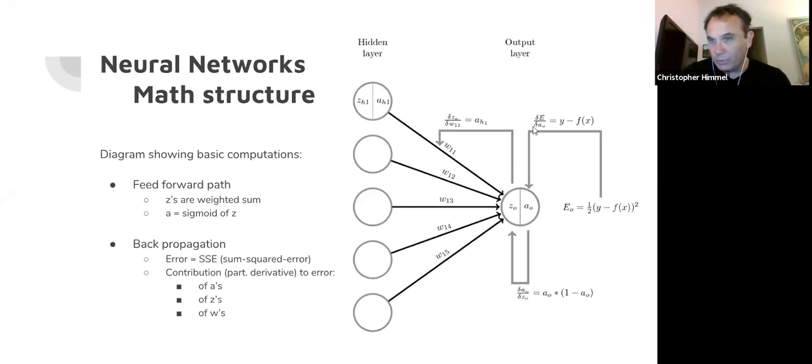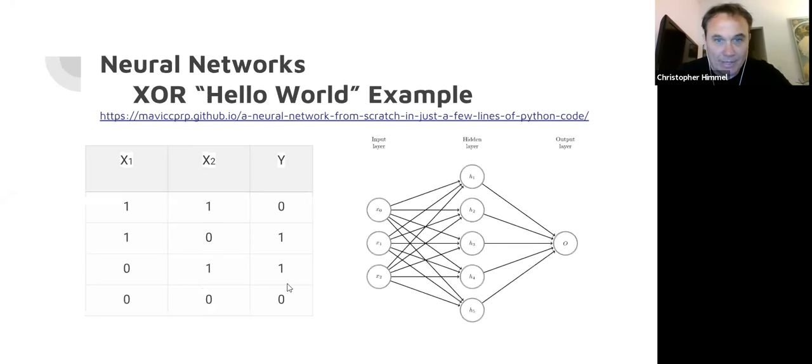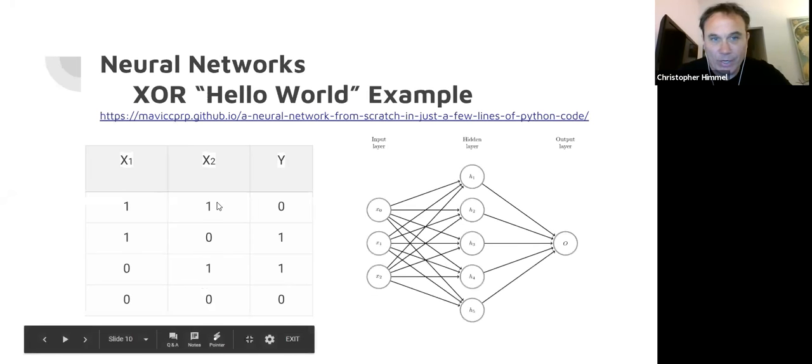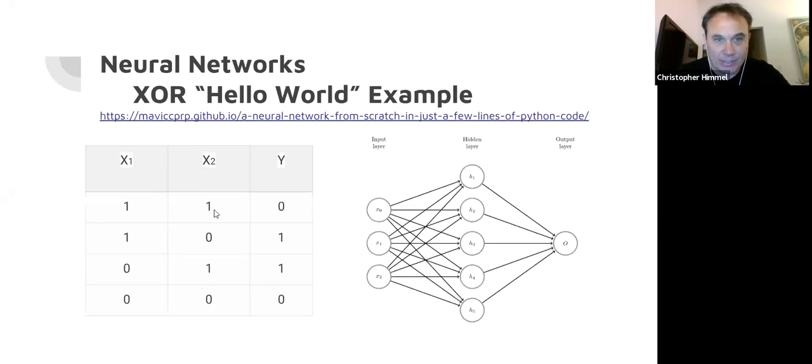Now, once we get to the final output, we end up with this f of x. That's our f of x equals A0, whatever our final output is. We subtract that from y. Now, y is one of these. So when we feed in a 1 and a 1, we should get a 0. So that's x1, x2.